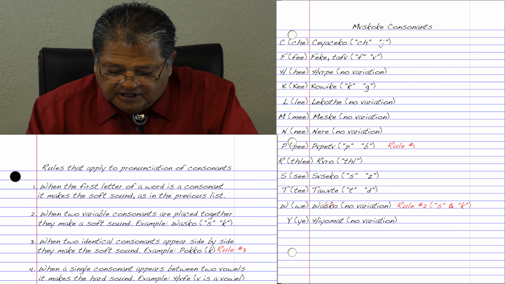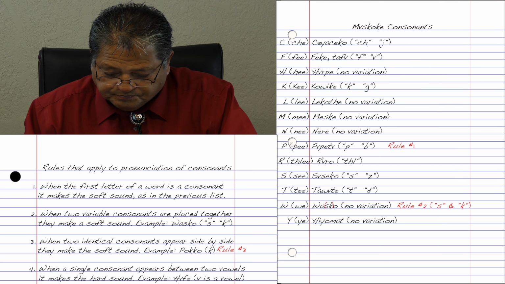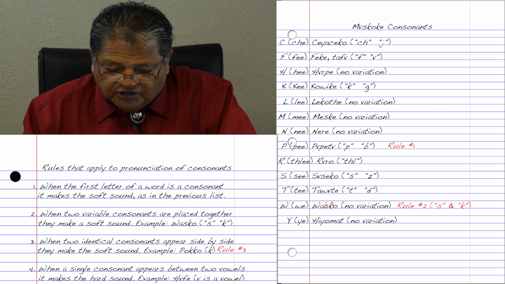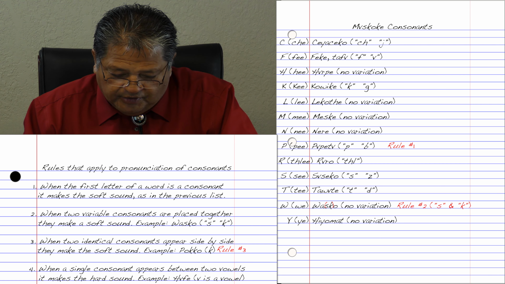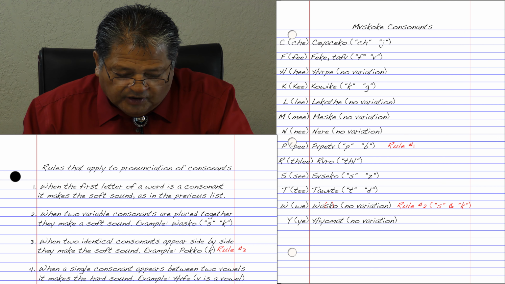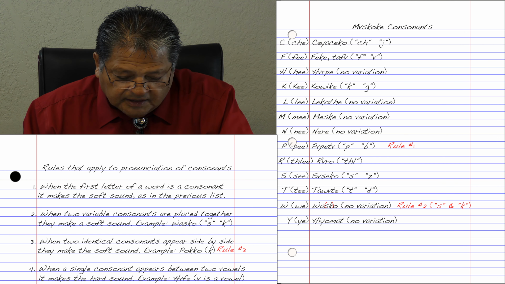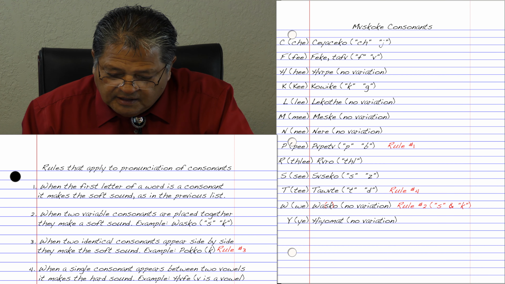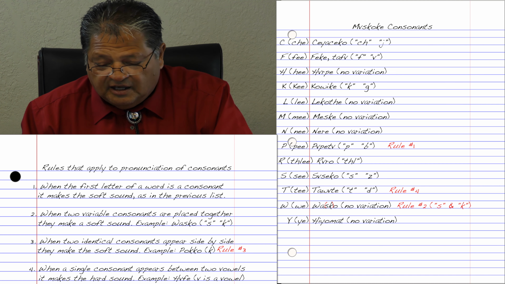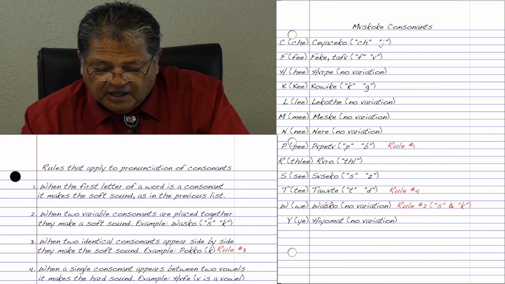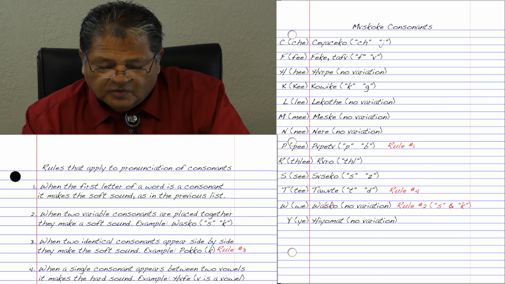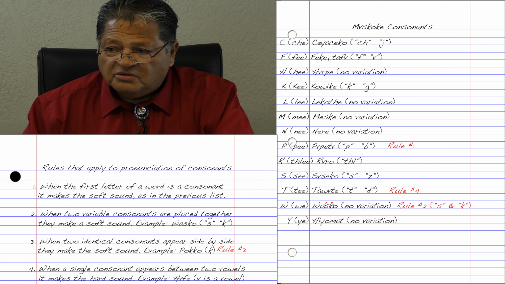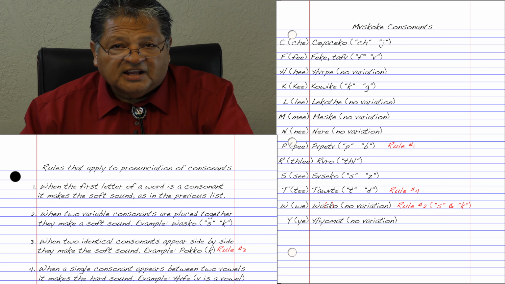When a single consonant appears between two vowels, it always makes the hard sound. Let's look at our previous list and look at the word tawadi, under the letter T, which means my goodness or oh darn, it's an exclamation.